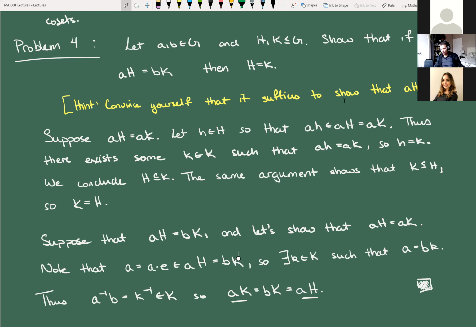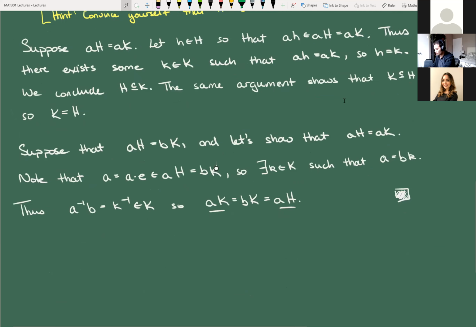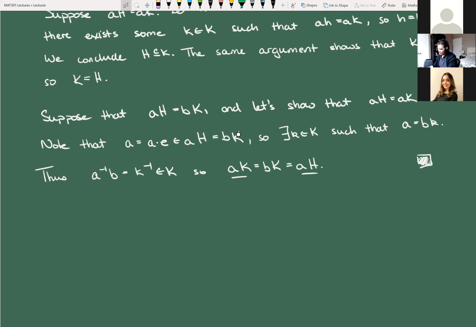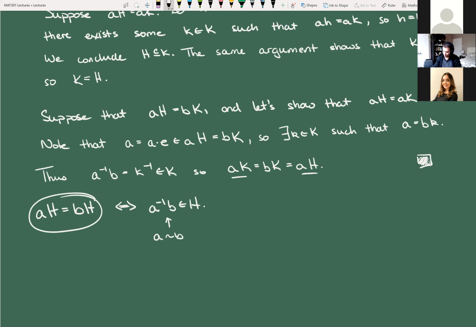The notion of cosets is precisely that AH equals BH if and only if A inverse B is in H. You can either prove that directly, or based on the last video, where I proved that if you define an equivalence relation where A is similar to B if this is true, then these are the equivalence classes under that relation.